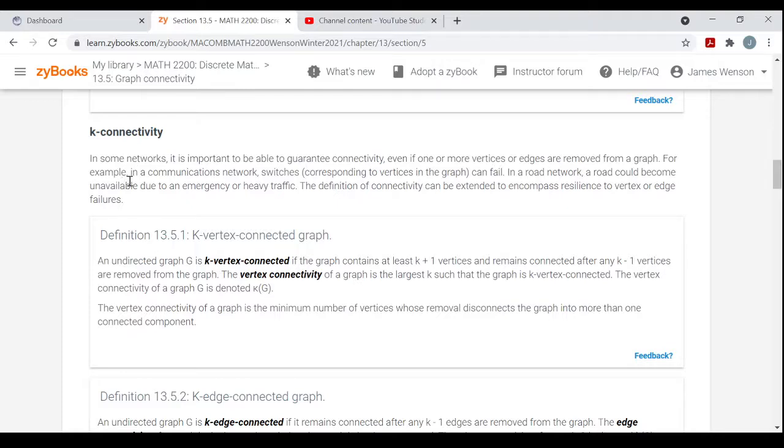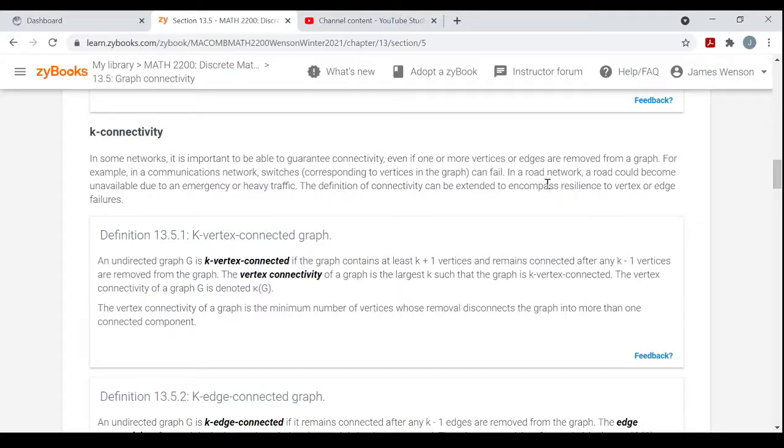For example, in a communications network, switches, which would correspond to vertices in the graph, can fail. But you want to have it set up so that even if some switches fail, everyone can still call everyone else. There's still a connected path between each pair of vertices.